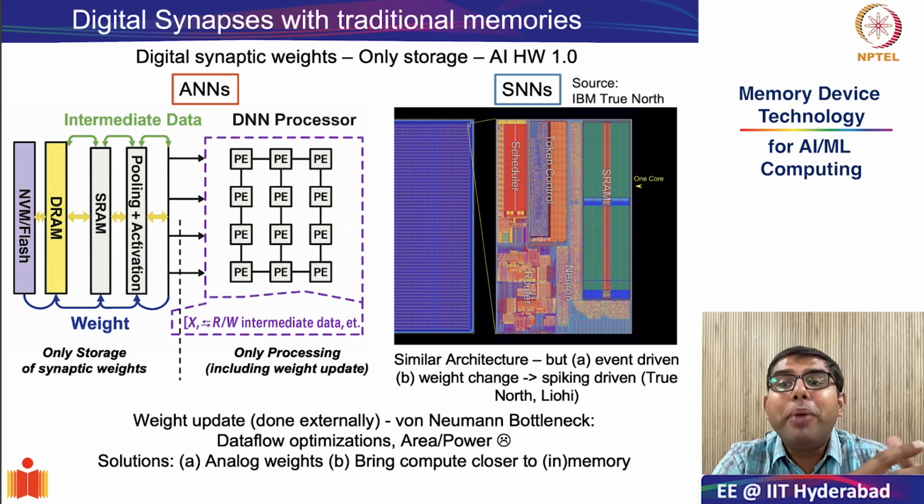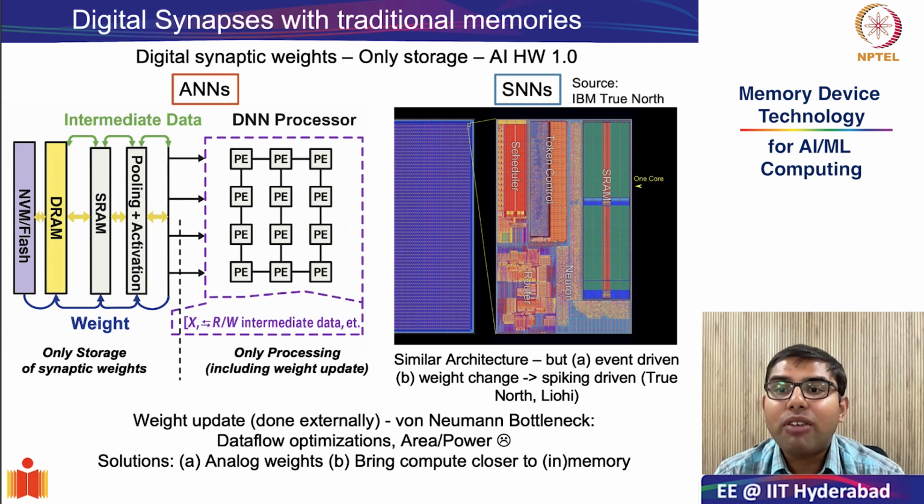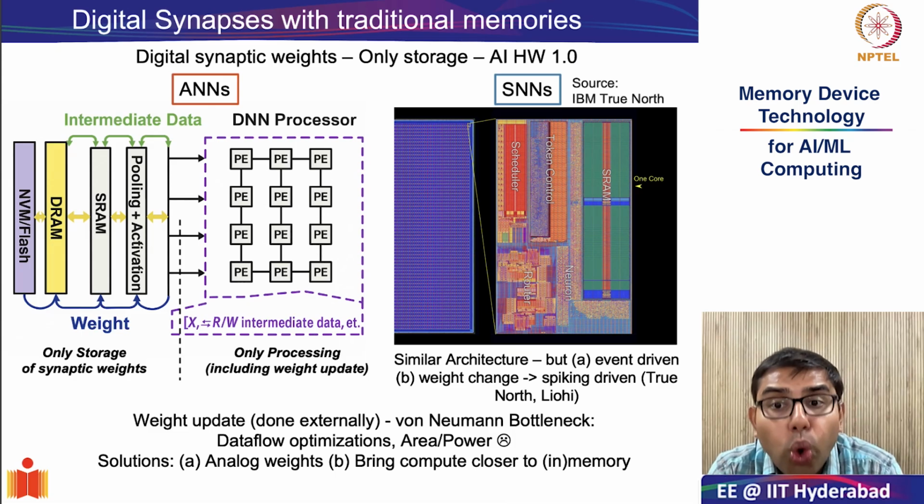Also, there is a big area overhead with very limited scalability. This separation also means that weight updates are handled externally, as we discussed, by some other digital control logic, preventing true local or adaptive learning.